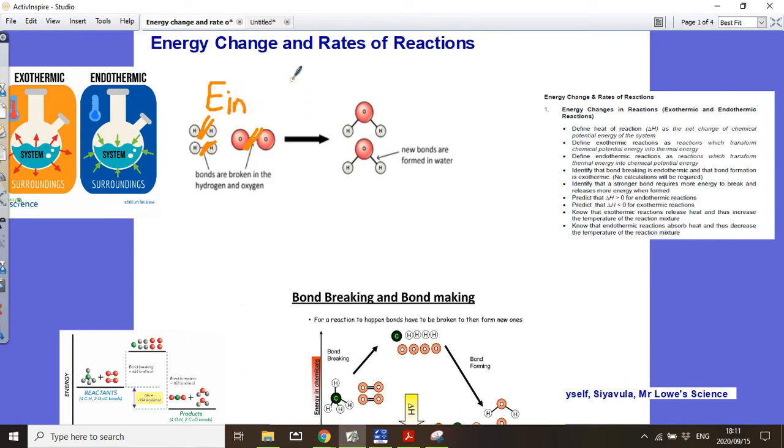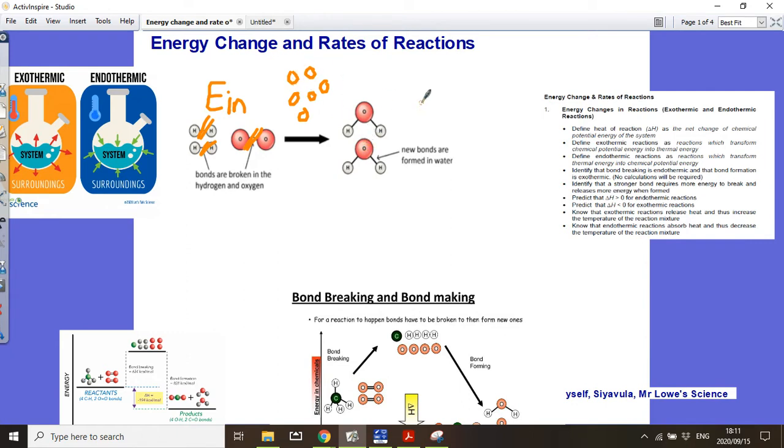Then it forms a mishmash of loose atoms here in the middle. But anything in nature wants to be at as low an energy as possible. So when I'm forming the new bonds, energy is always going to be given off, because something will not bond if it can't get a lower energy by bonding from this state.